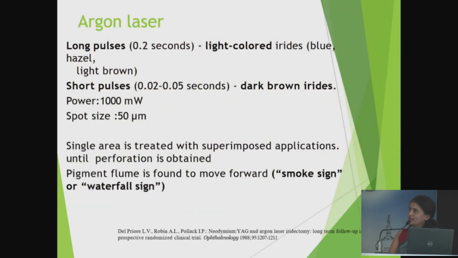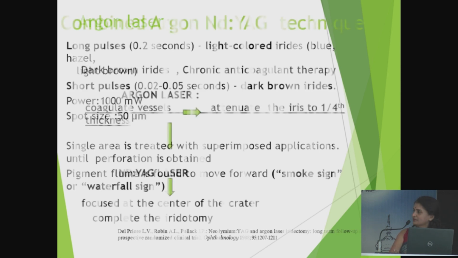We can also use argon laser. In light colored irides, we use long pulse argon laser. In dark brown irides, we use short pulse argon laser with these power settings. Usually a single area is treated with superimposed applications until you get a perforation. Once you see pigment fumes coming into the anterior chamber, it's called the smoke sign or also the waterfall sign.